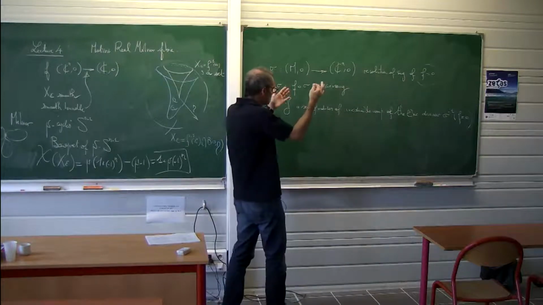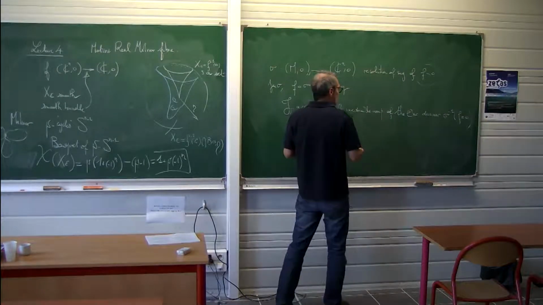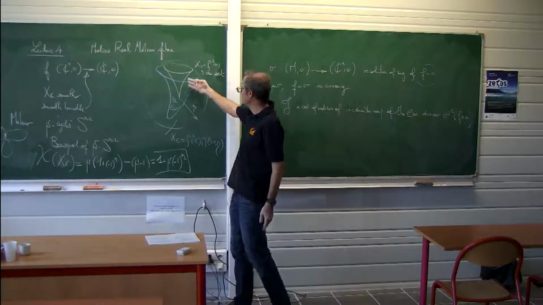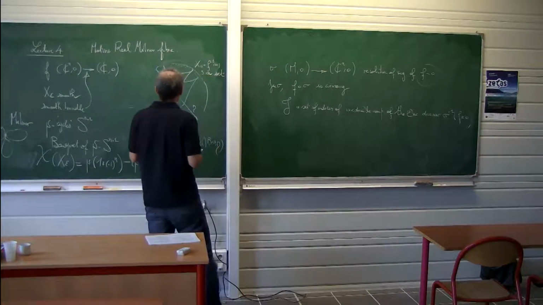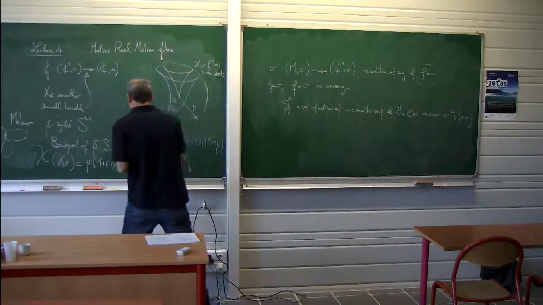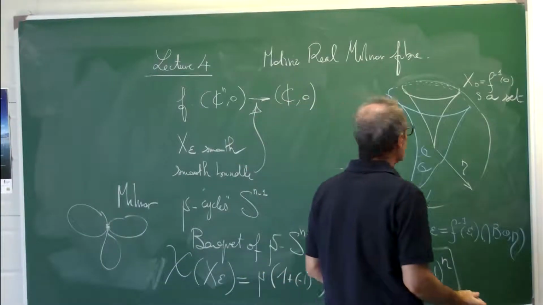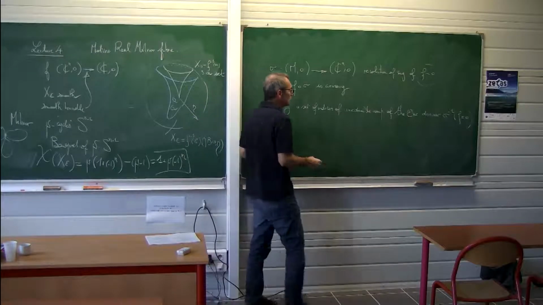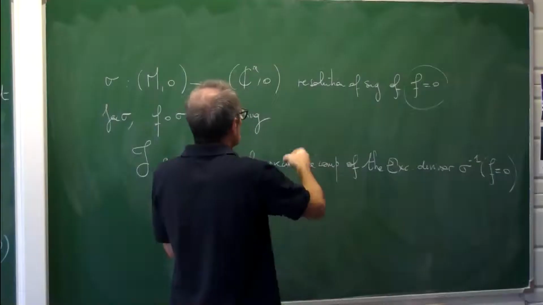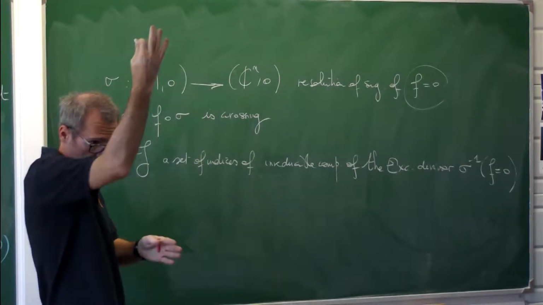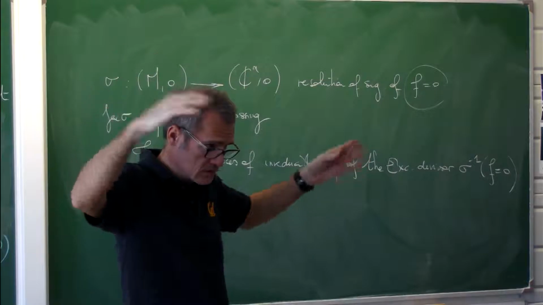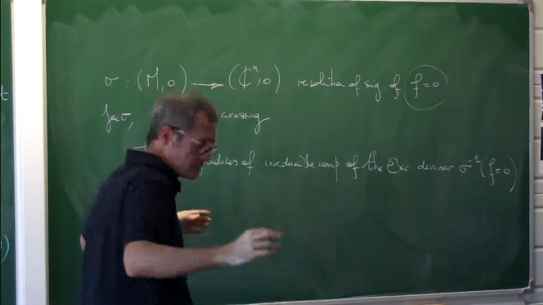So you have to imagine that the white object is, in the resolution, a union of irreducible varieties.